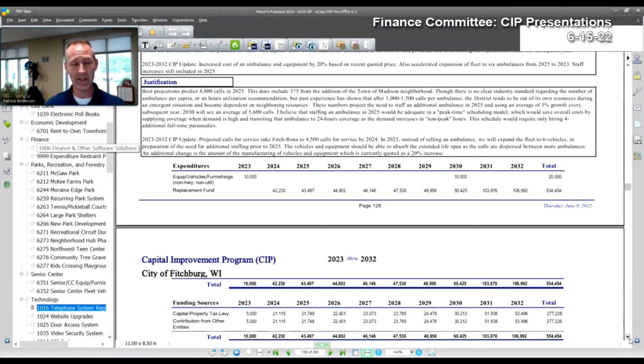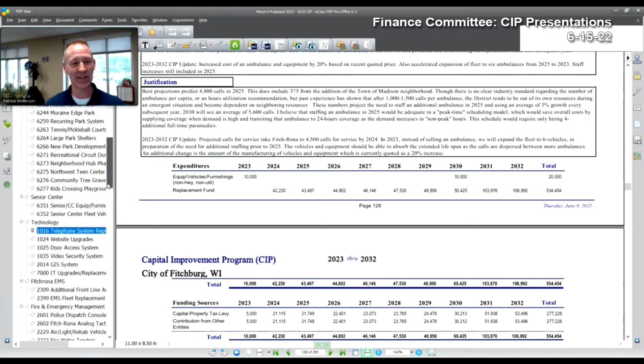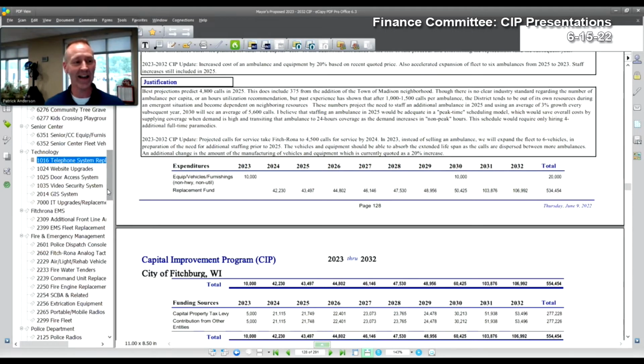Odds are, what I'm hearing from my manufacturers, that we probably wouldn't even see that until 2024. Based on the other part of selling the ambulance we just did a year ago, the demand for used ambulances is so high.